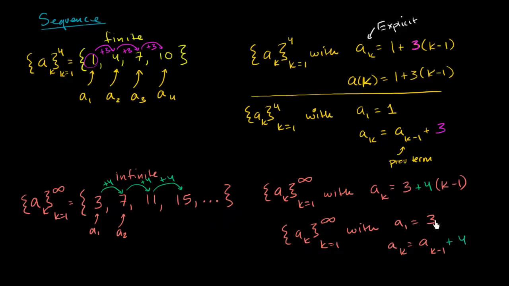And once again, you start at 3. And then if you want the second term, it's going to be the first term plus 4. It's going to be 3 plus 4. You get to 7, and you keep adding 4. So both of these, this right over here, is a recursive definition. Recursive. We started with kind of a base case, and then every term is defined in terms of the term before it, or in terms of the function itself, but the function for a different term.